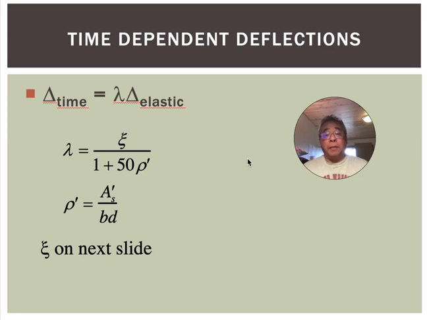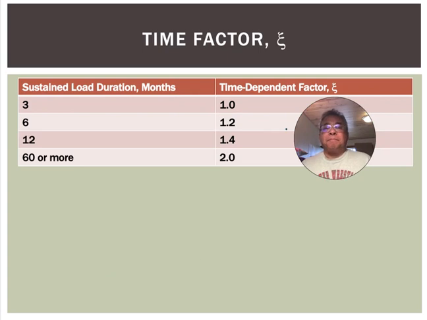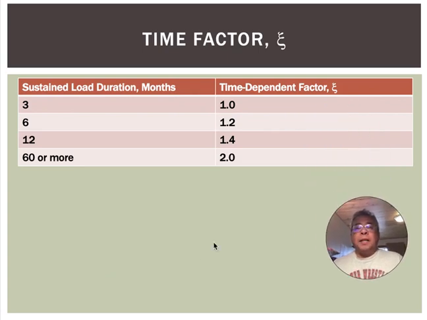And here's the formula. This lambda is a multiplier. It can be up to 2. And this numerator is the multiplying factor, which we'll get in the next slide. Well, let's just do that. So the multiplying factor: in 3 months, you will double your deflection. This is the additional time deflection.